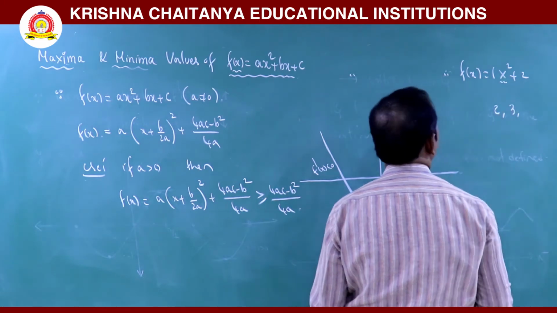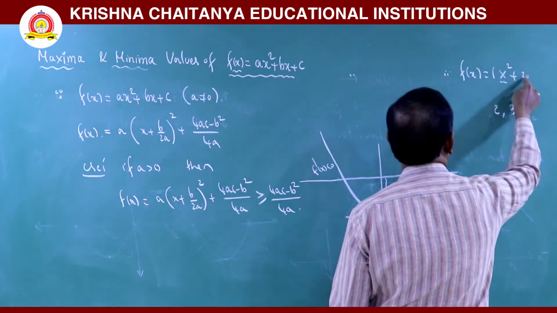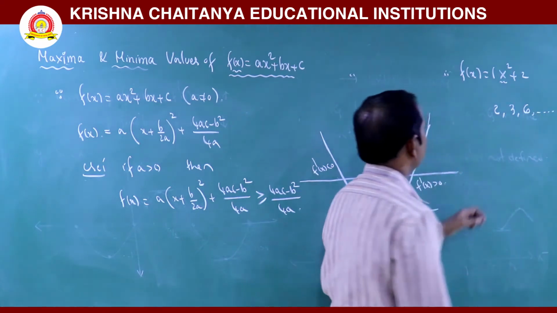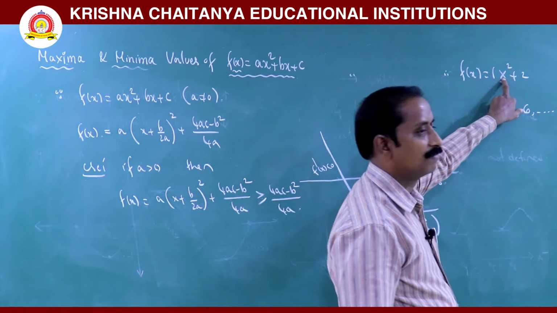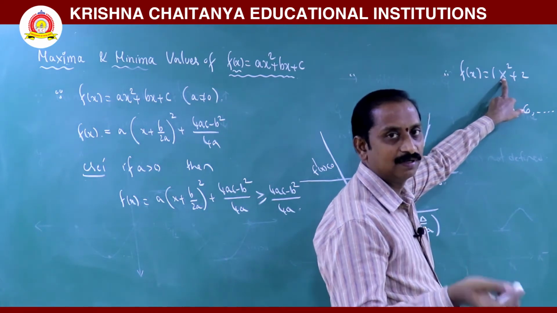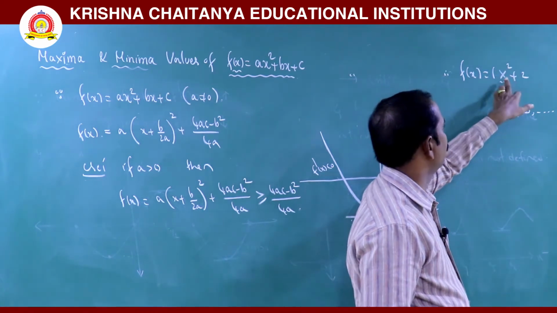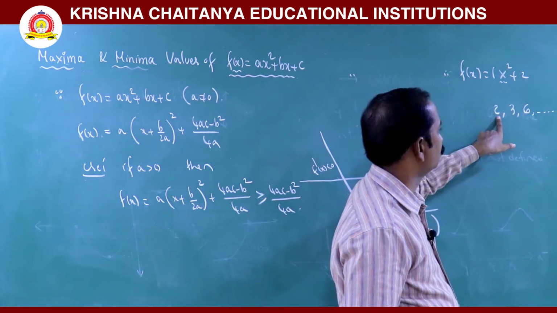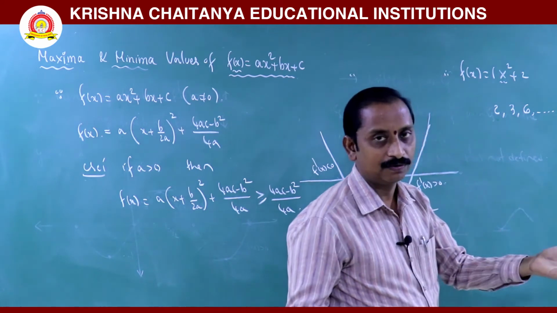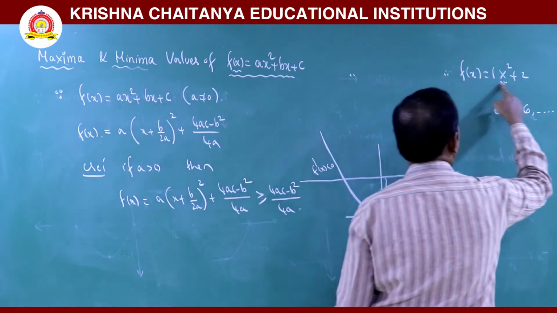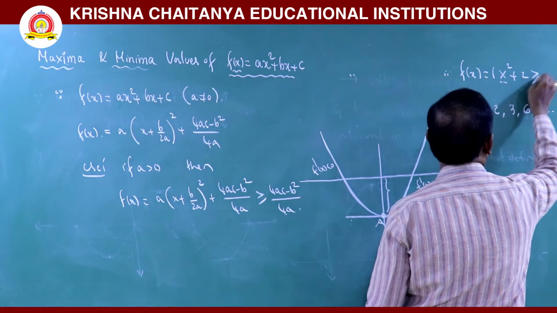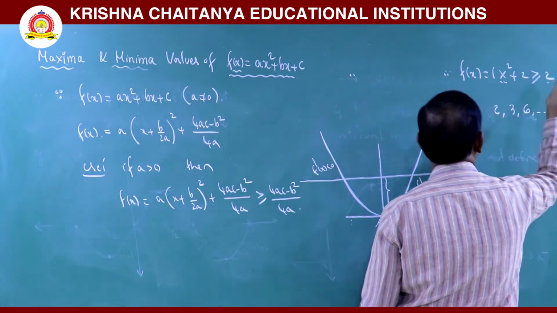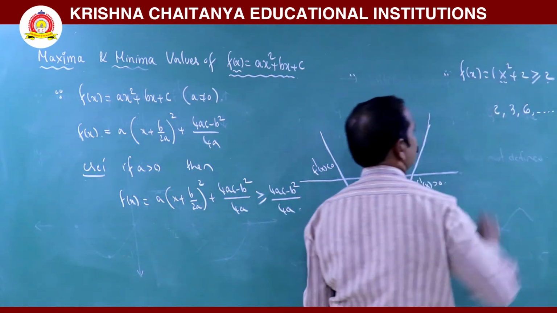If X is equal to 2, it becomes 4 plus 2, which is 6, and so on. For any number X, either positive or negative, X² is positive. So for this function, I can write f(x) ≥ 2, meaning the minimum is 2, which occurs at X equal to 0.